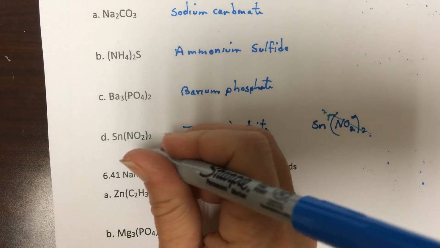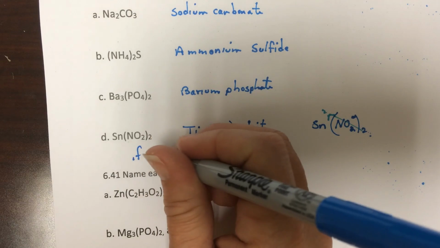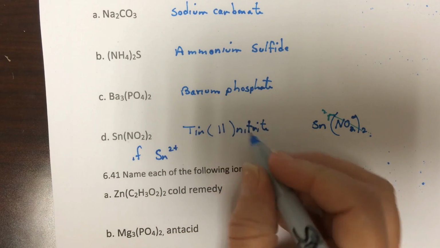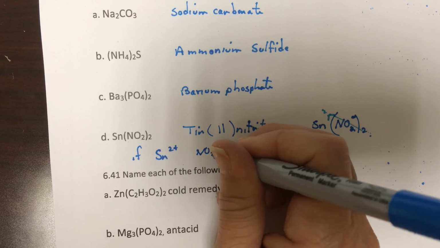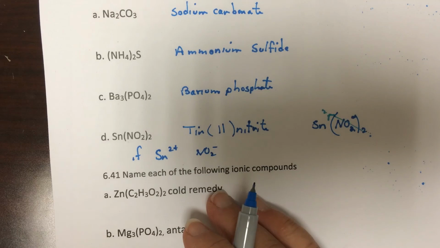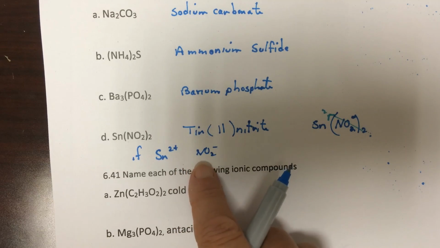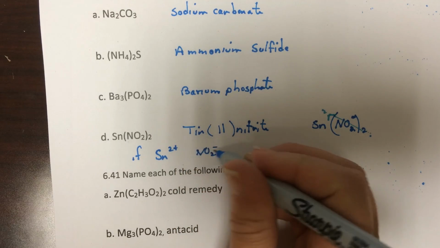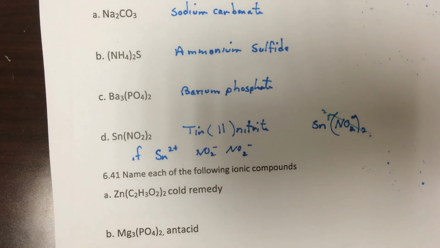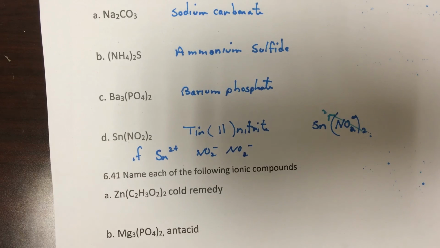If the tin had a positive 2 charge, and we know that the nitrate has a -1, then we'd need 2 of those to keep us balanced, and that's actually what they've written there.